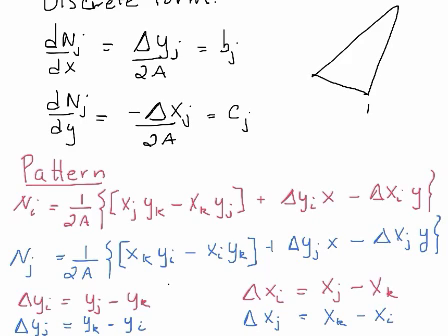Just for completeness, let me draw the triangle again so that we can think about what we're seeing. So we've said that this was i, j, and k, and that we're using counterclockwise order. So when you look at this, you can see that you're going from j to k in the case of i. So if you're standing at node i, here's our node i, you're going to go from j to k.